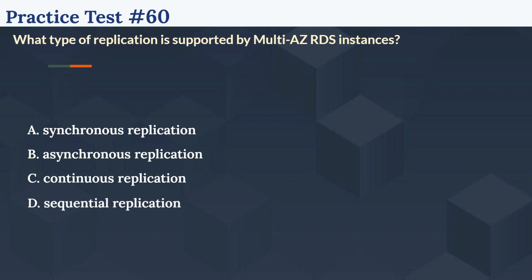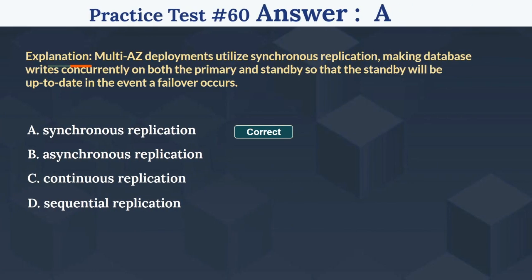Please select your answer in the next 5 seconds. 5, 4, 3, 2, 1. So the right answer is synchronous replication. Multi-AZ deployments utilize synchronous replication, making database writes concurrently on both the primary and standby so that the standby will be up to date in the event a failover occurs.